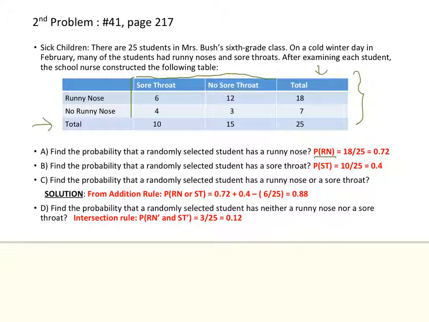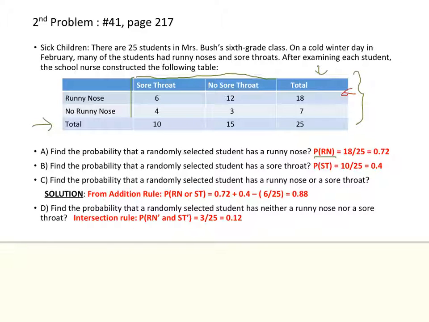That's under the total column for runny noses along the row for runny noses, and we get 18 divided by the total, which is 0.72. So the probability that a student has a runny nose is about 72%.